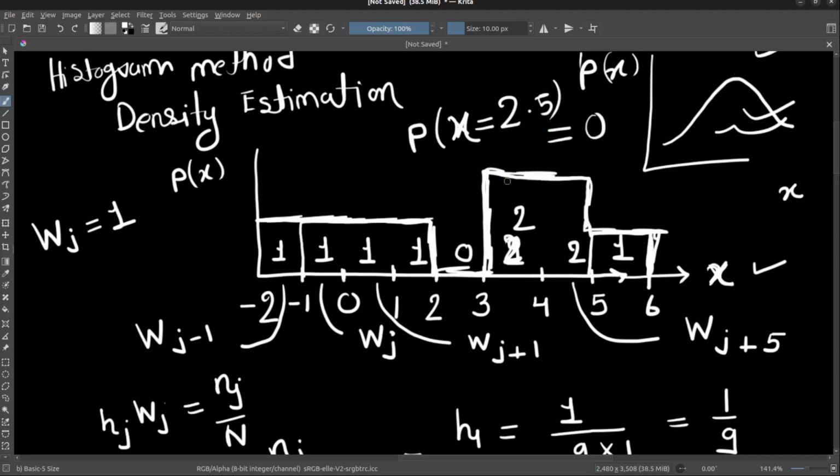Okay, and what will be the probability density function value at x equals, let's say, minus 1.5? It will be somewhere here. So what is the amplitude here? It is 1/9, so that will be the answer: p(x) at x = -1.5. So in this fashion you can find the probability density function value in the interval from -2 to 6.